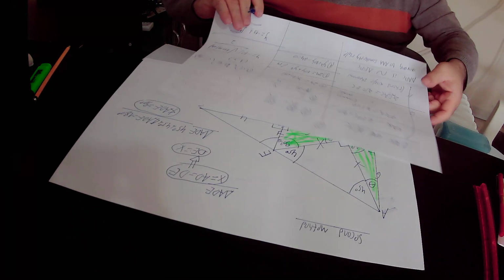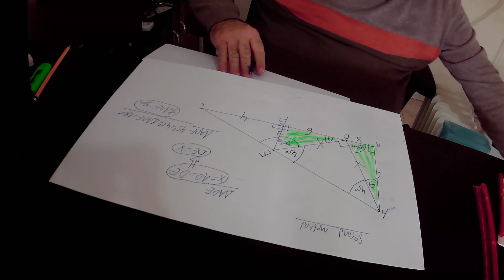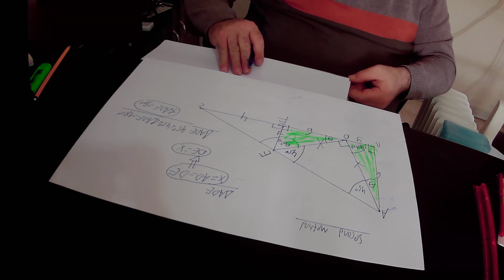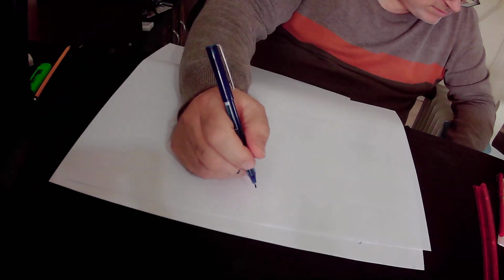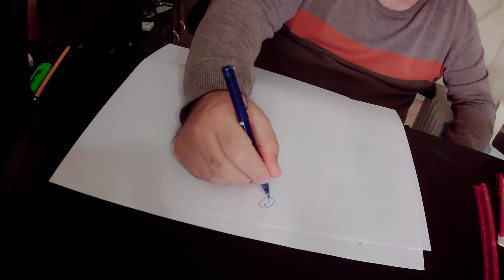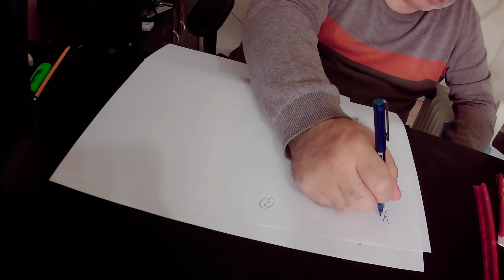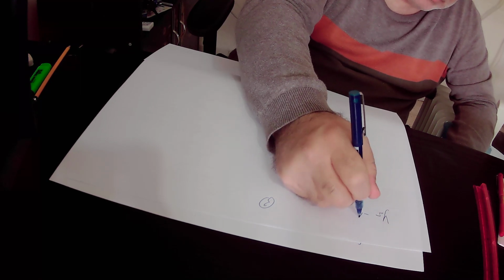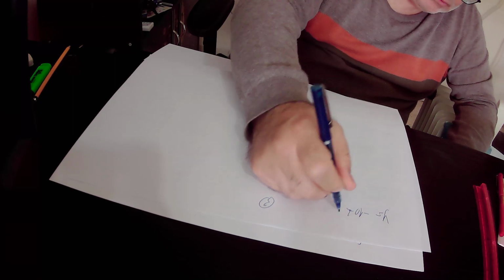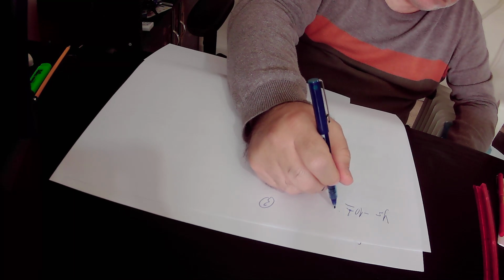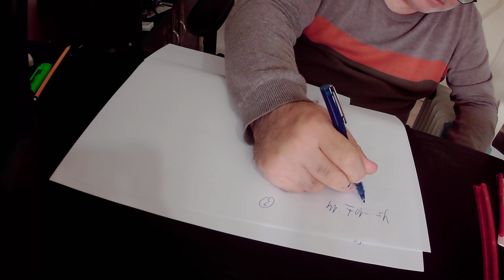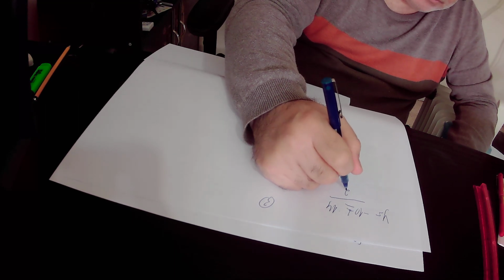So we found that y is equal to minus 10 plus or minus the square root of 196, which is 14, over 2.